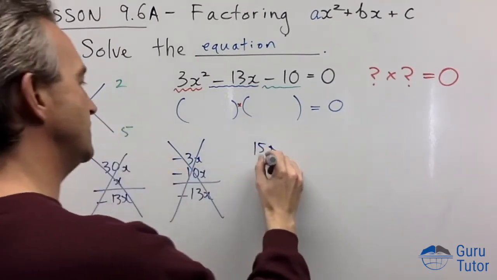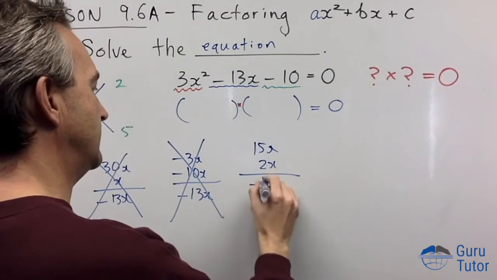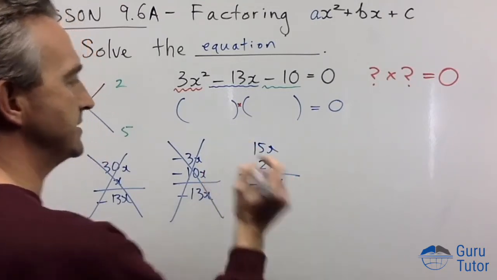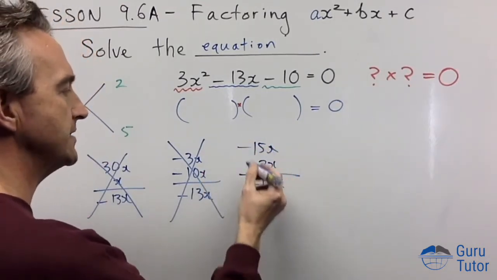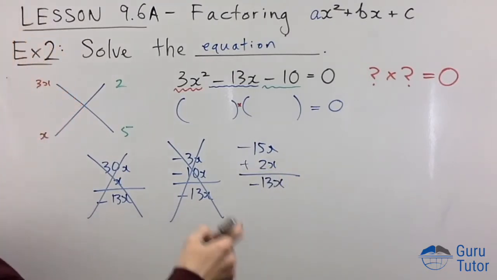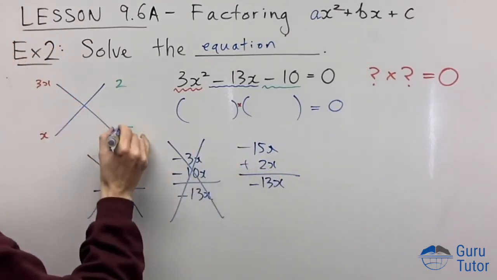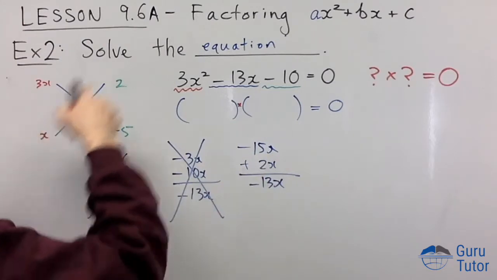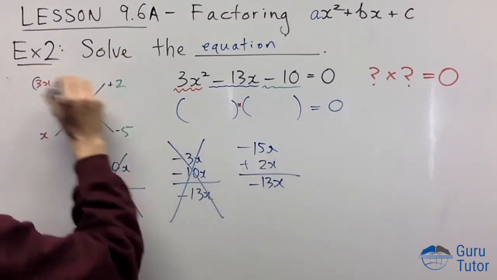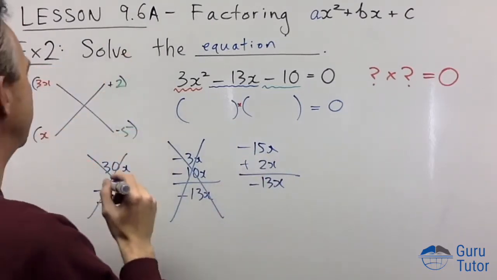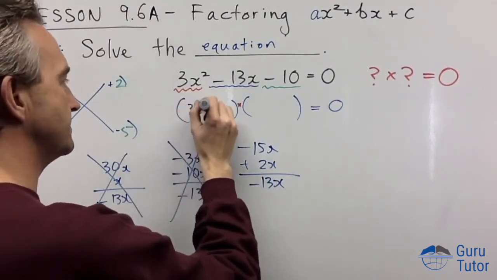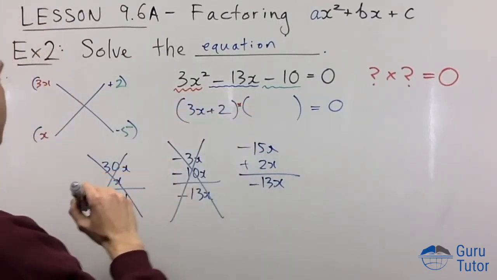X times 2 is 2x. Can this give negative 13x if we play with the signs? Yes. And then a minus 15x and a plus 2x. So I've got a minus 15x, which means this has to be minus. And I've got a plus 2x, which means this has to be a plus. We get that, and we get that. 3x plus 2 and x minus 5.